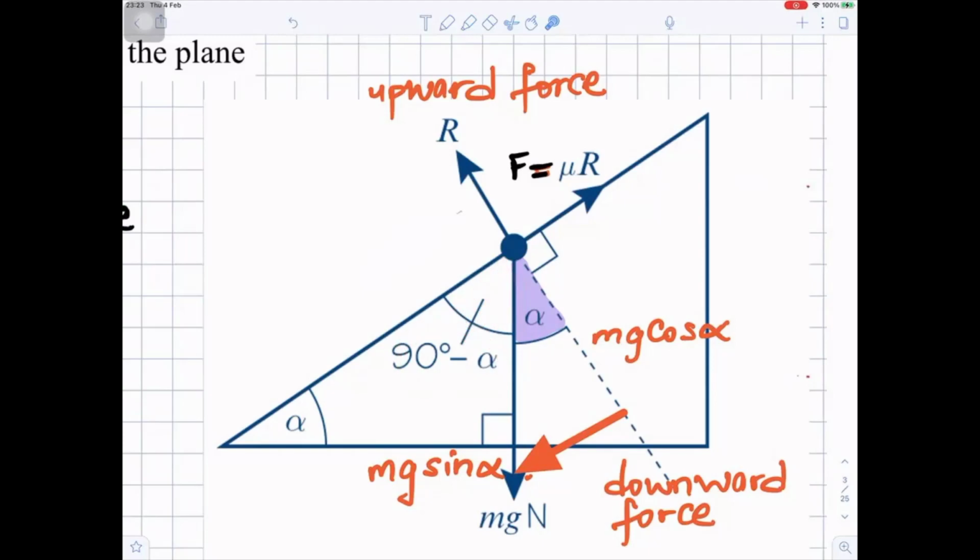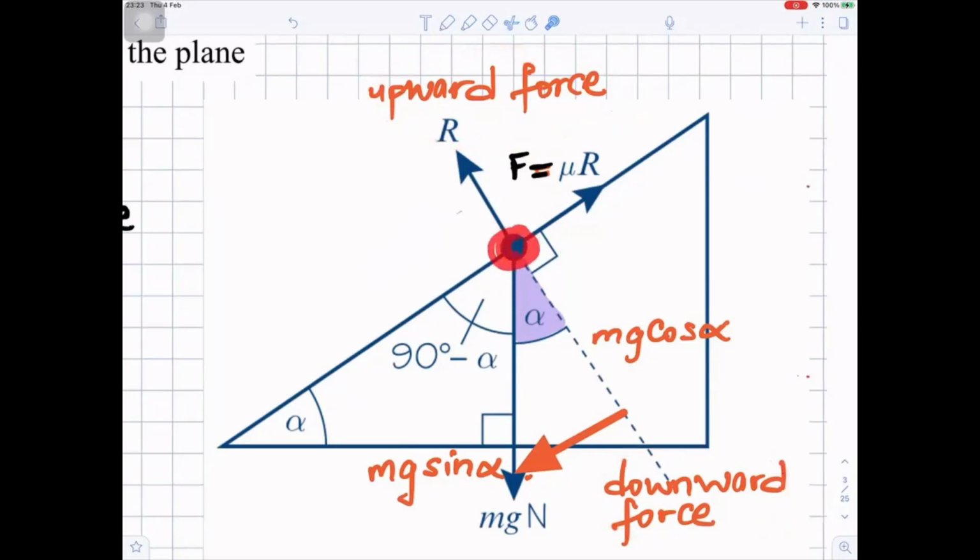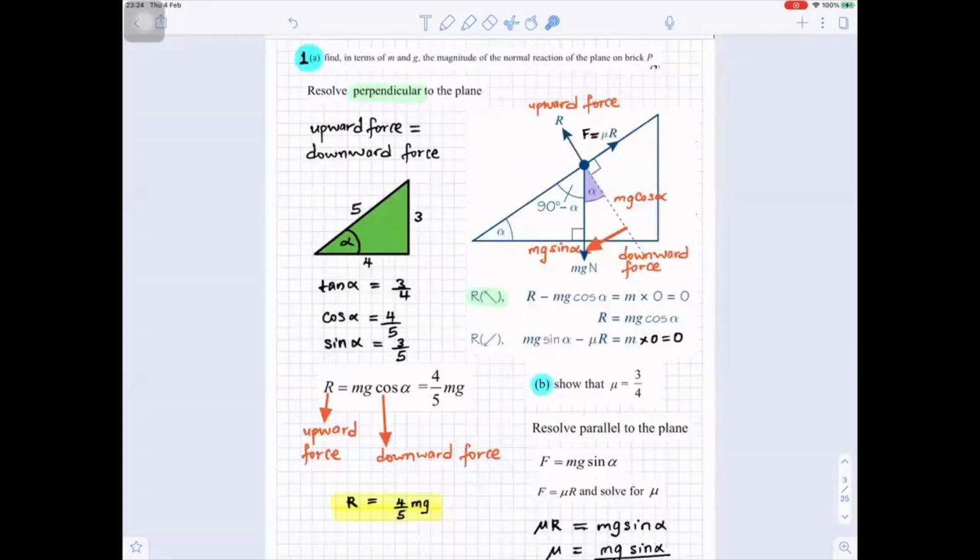It's very important because it's not moving up or down. The upward force has to be equal to the downward force because it is staying in a fixed position. So the upward force R is equal to the downward force mg cos alpha, and cos alpha is 4/5. When you replace cos alpha with 4/5, it becomes 4/5 mg.